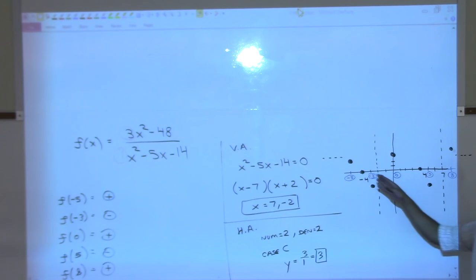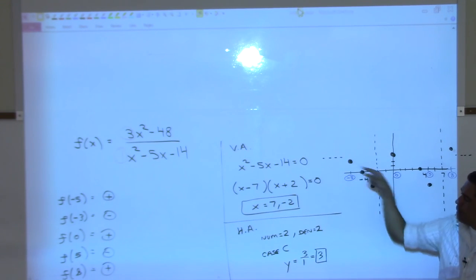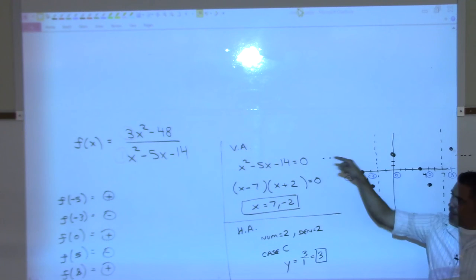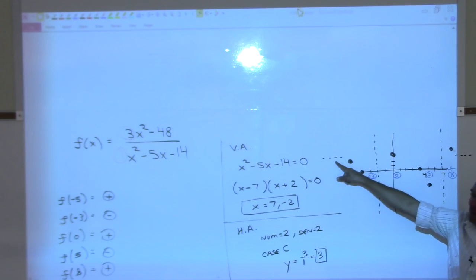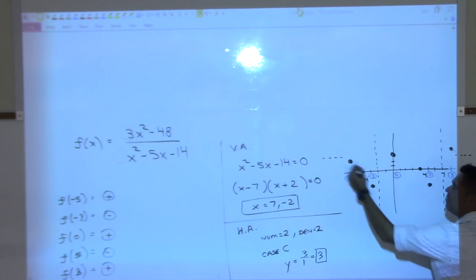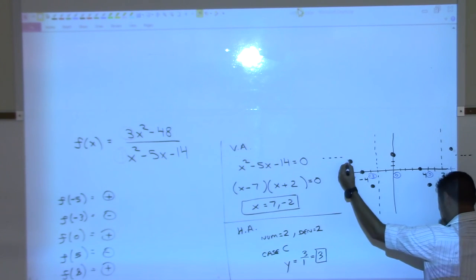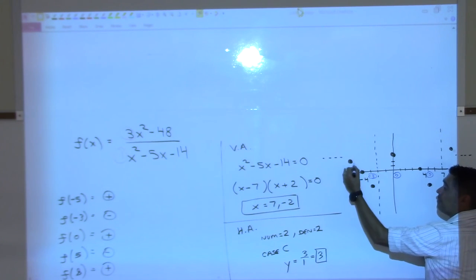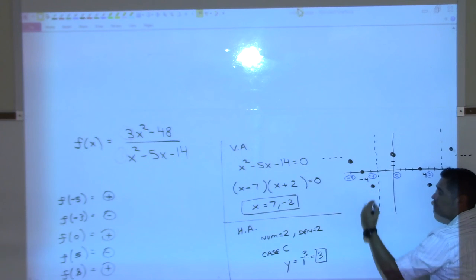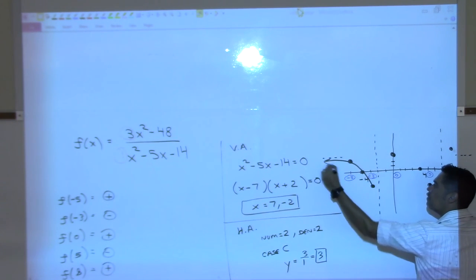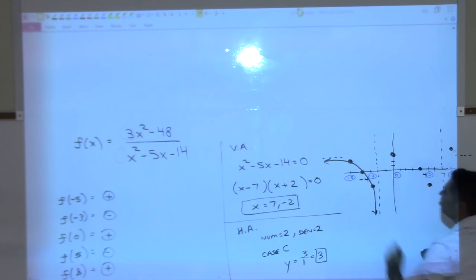So what has to happen to my graph to the left? Does it go that way? Okay. Got to flatten out to my horizontal. And then once I do that, I'm going to come through, connect, connect, and down. So make it look something like that.